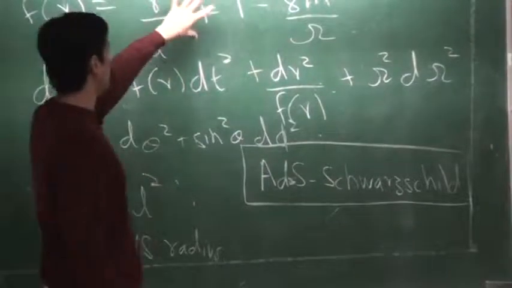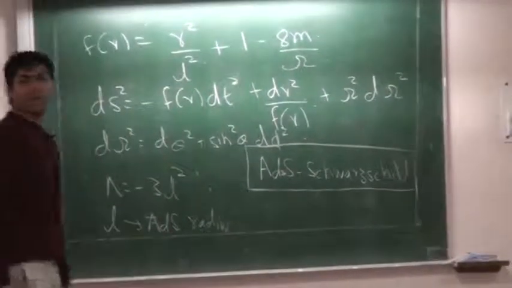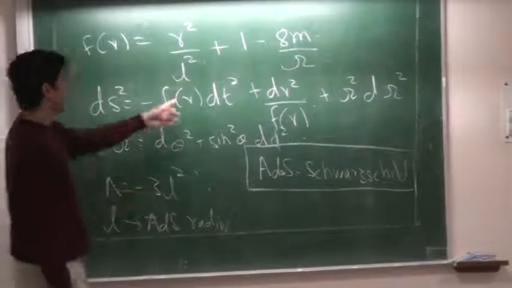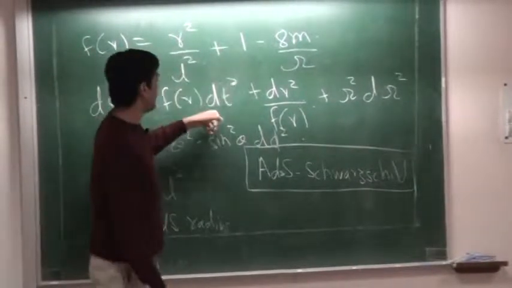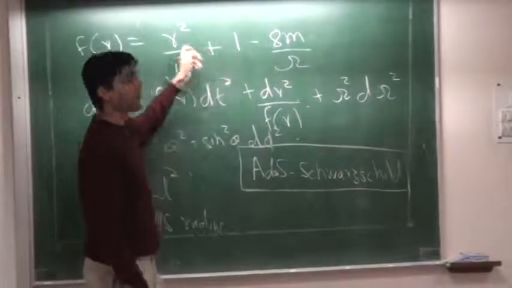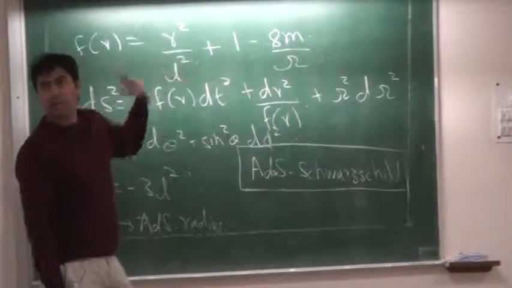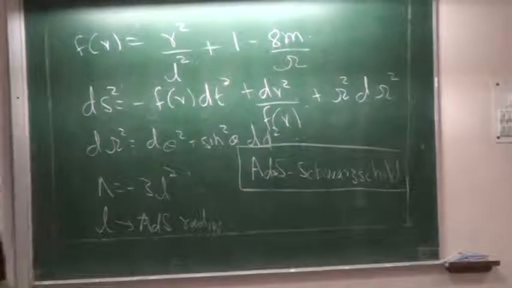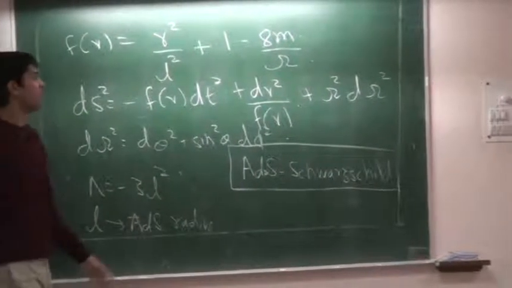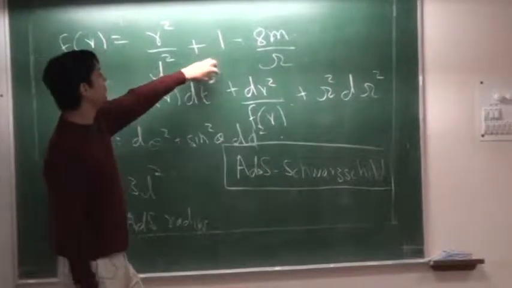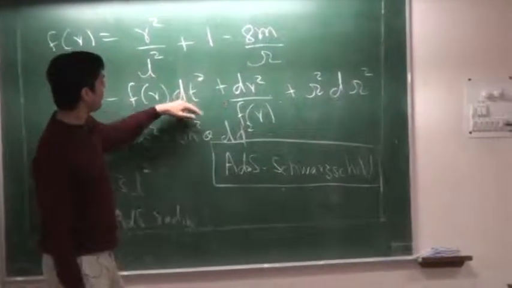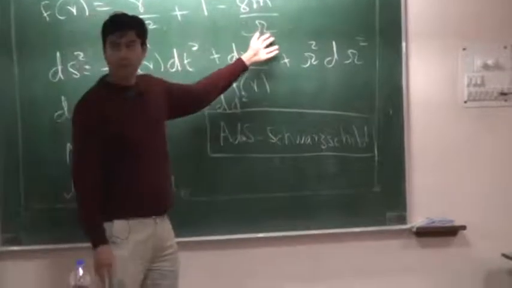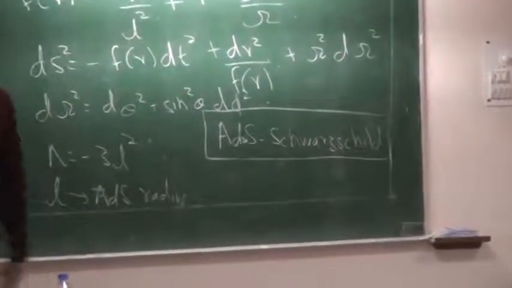You can see that asymptotically these solutions don't look like flat space, because if you take large r, the term you get looks like r squared plus 1 into dt squared plus dr squared over r squared plus 1. That's very different from flat space. There's no limit of r in which these solutions start looking like flat space. So the asymptotics of these solutions, which is what happens at large r, is what's called anti-de Sitter space.